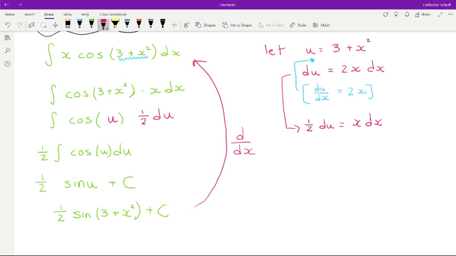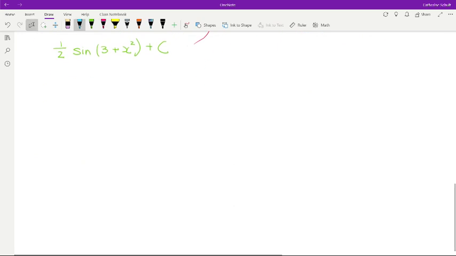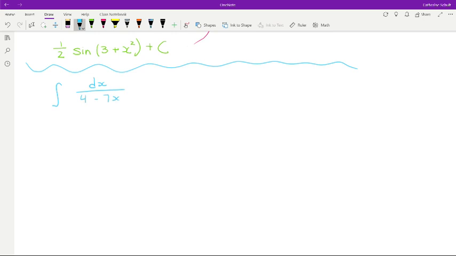Okay, let's look at some more examples. Okay, so the integration of dx divided by 4 minus 7x. Okay, so, again, same thing. We don't really know offhand what this integration could be.